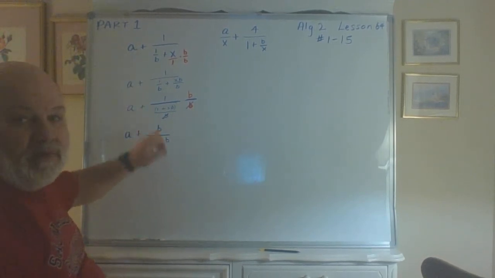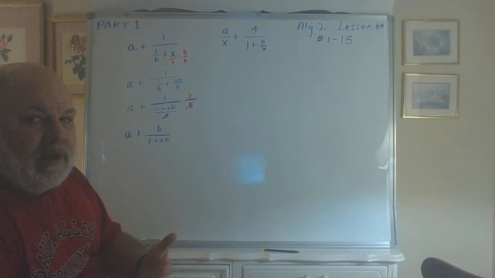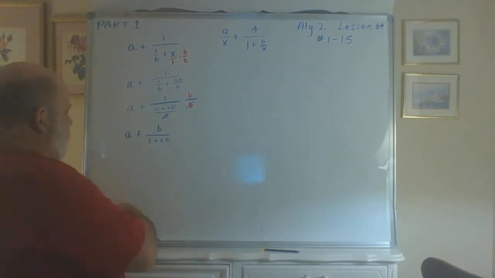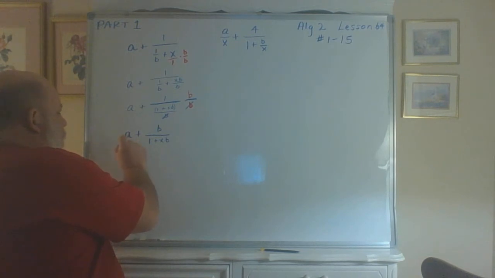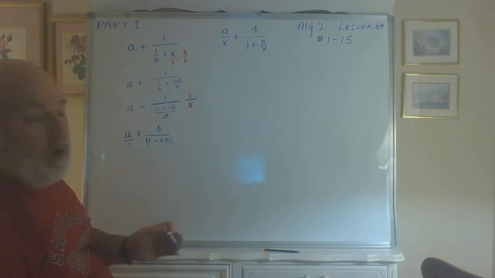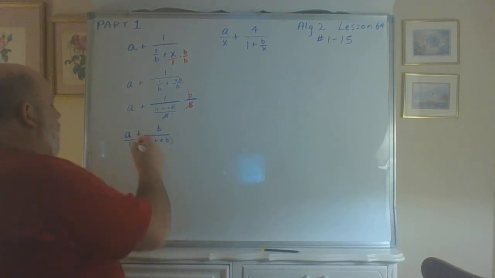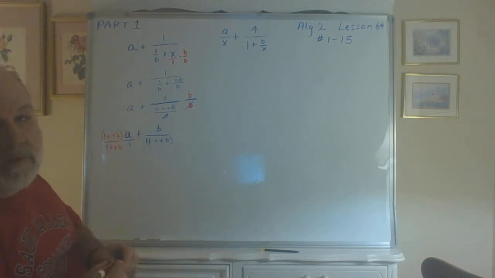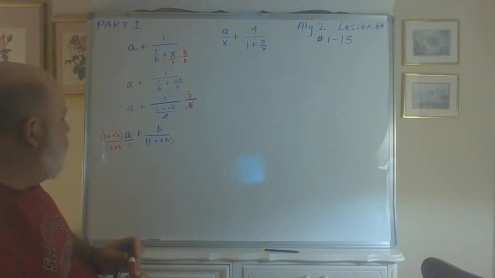You have a whole plus a fraction, but they want you to get everything over one denominator. So we need to get this a over 1 to be over 1 plus xb. So that's my common denominator, 1 plus xb. I need to multiply by 1 plus xb on top and 1 plus xb on bottom. I'm going to put it in parentheses because it's going to be distributive property.